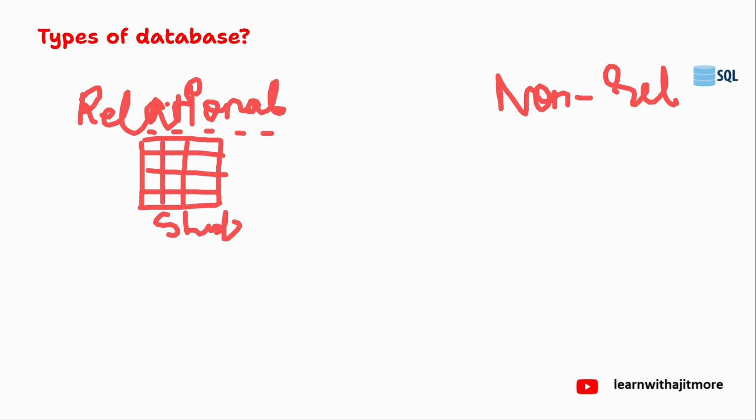So this has a little bit of mathematical background. In mathematics, a relation is a set of values which are associated with each other. Here also, the same thing. One row will contain values and those values are related to each other. The name is related to that roll number, the age, the phone. They are all associated.